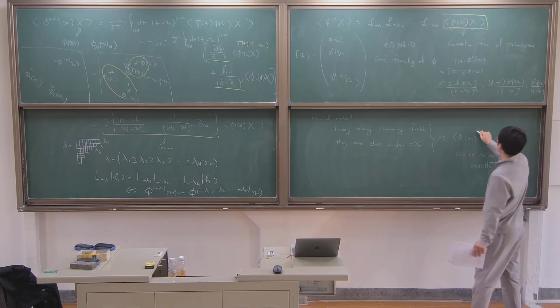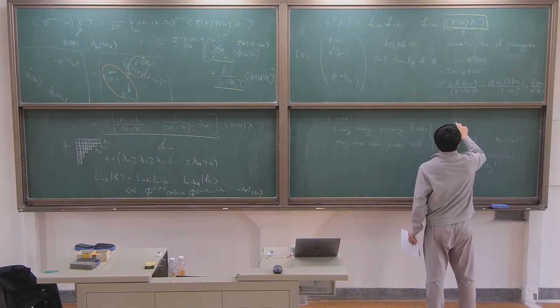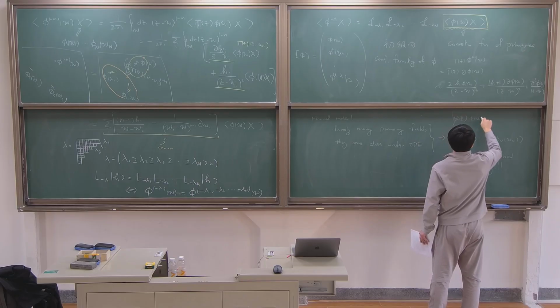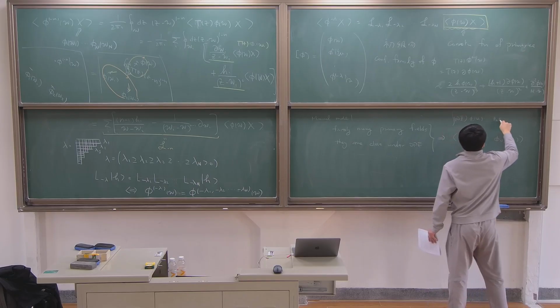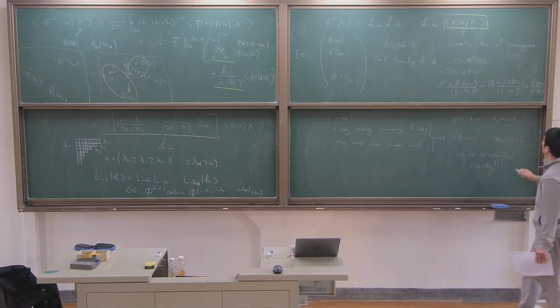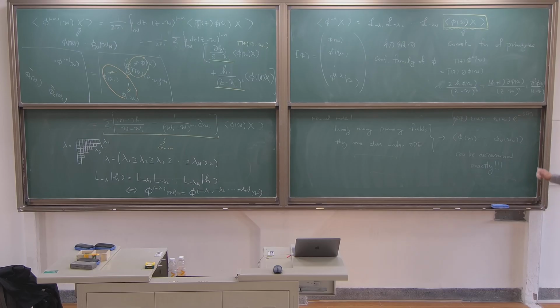as you know, this is just schematic right now. Like this is phi 1, W1, phi n, Wn, like this way. Usually this one is really difficult to perform. It's almost impossible for an interacting theory to determine.